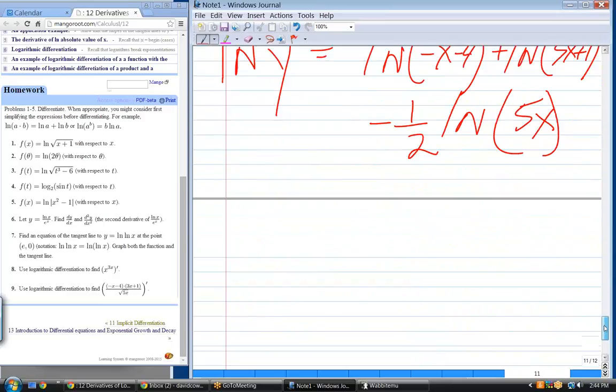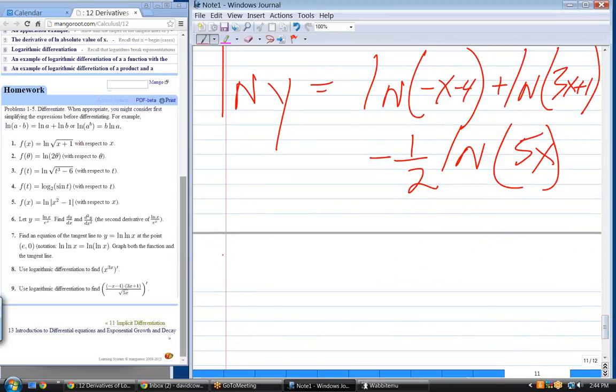What's the derivative of the left side? 1 over y, dy dx. See why you have to follow it with a dy dx? Because we're differentiating with respect to x. Since y is not x, I have to apply the chain rule.